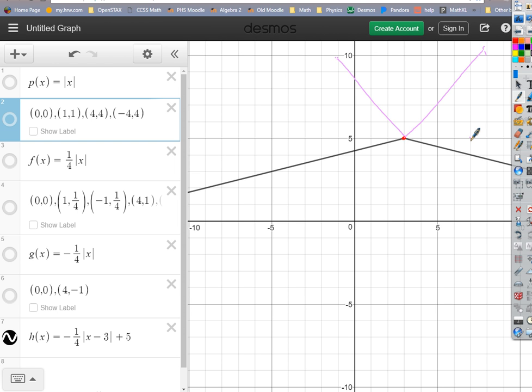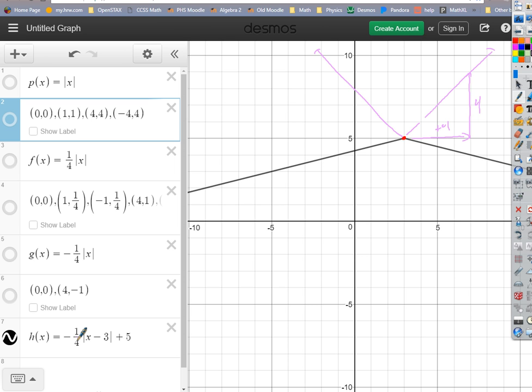Instead of going over 4 and up 4, let me redraw that. So this really is good, so it goes right where it's supposed to go. Instead of going over 4 and up 4 from the vertex, we're going to go over 4, and we're going to go vertically negative 1/4 times 4, right?